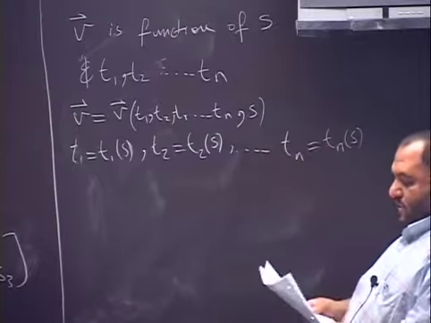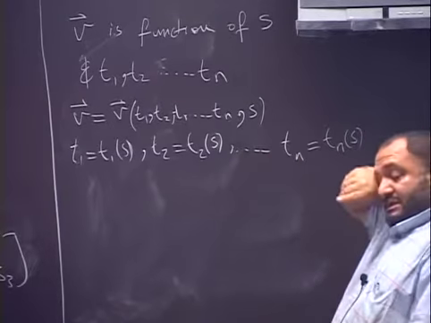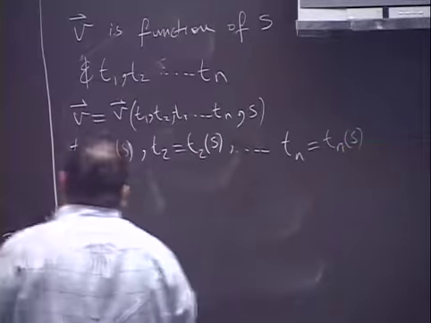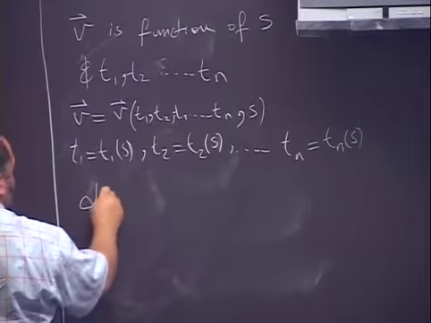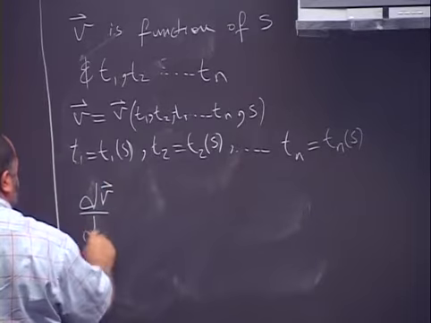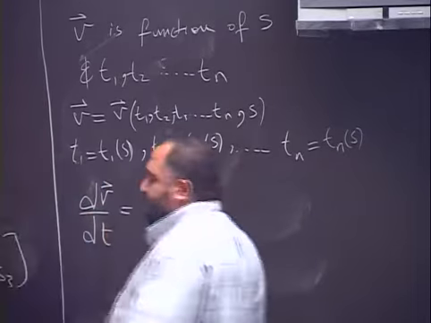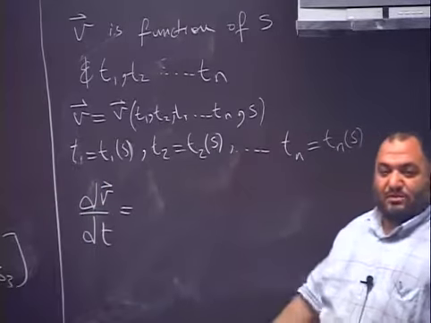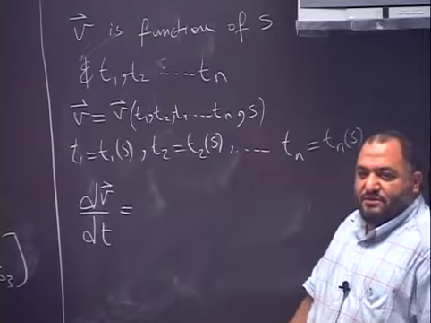So now, if I want to calculate the total derivative, this is why I call it capital D by dt. So how do we calculate the total derivative now?